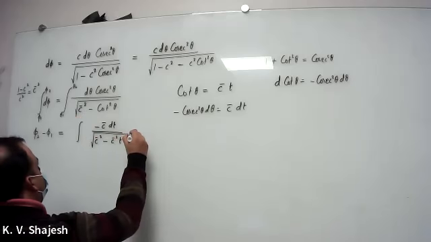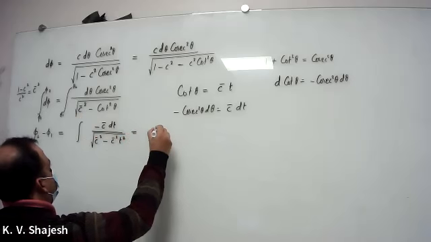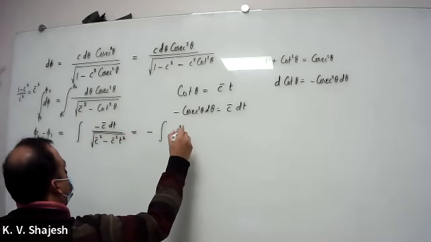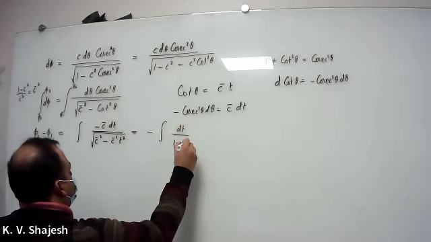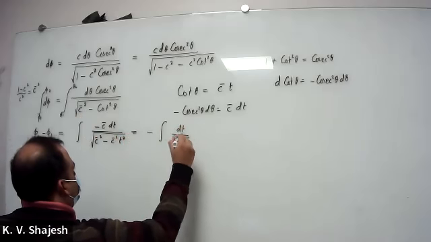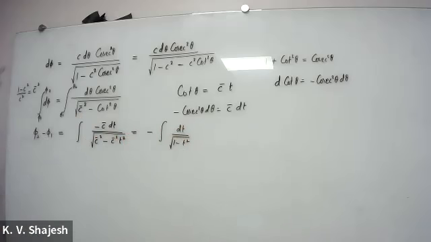Yeah, that's minus integral dt over 1 minus t squared, which I think is doable.